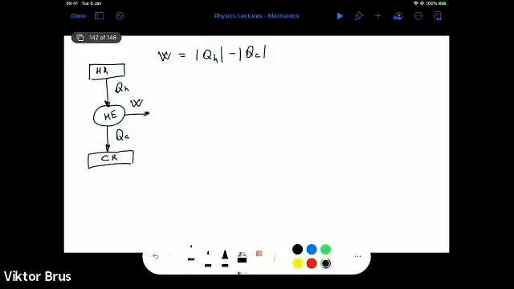That means it comes back to the initial set of state parameters, and so the change in internal energy, the difference between the initial and final point of this cycle, since it comes back to the same condition, is equal to 0. So we don't have any changes in internal energy over one cycle.